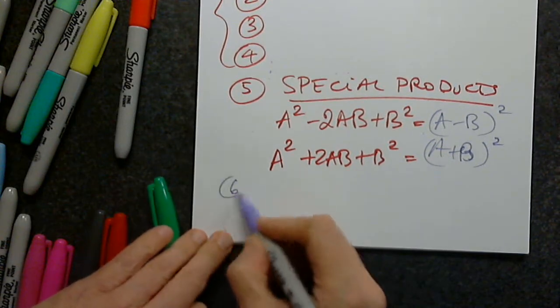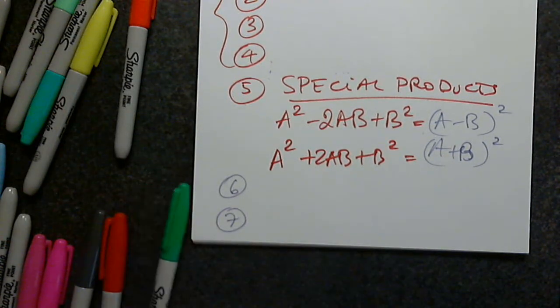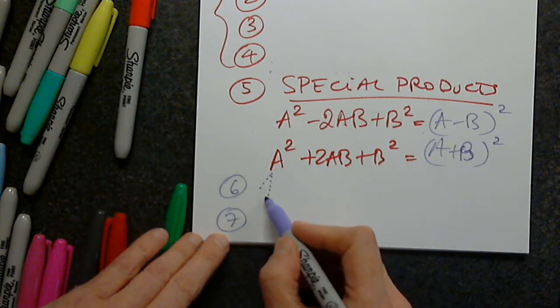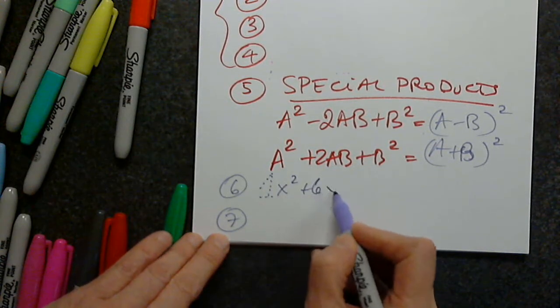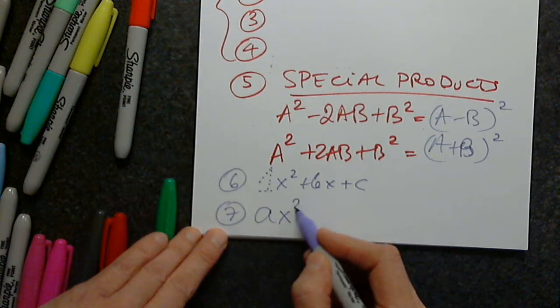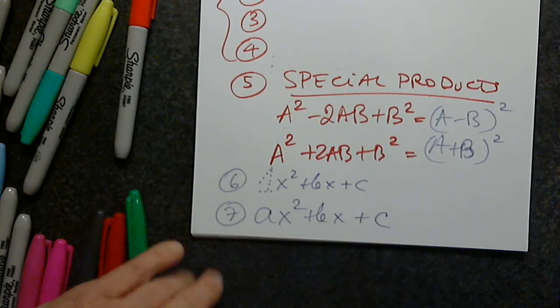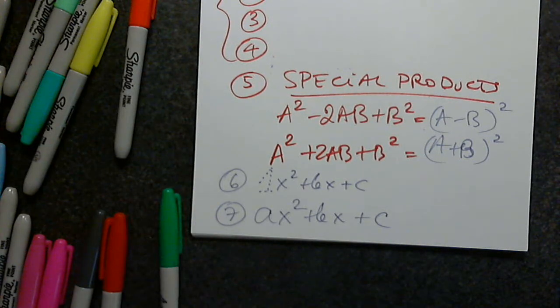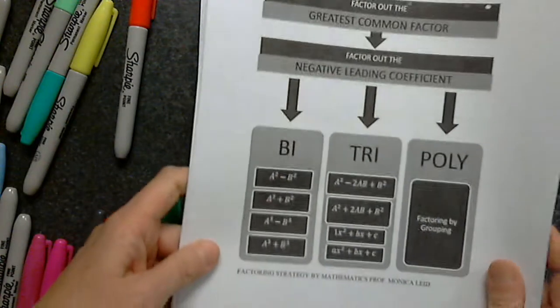Now, there is also 6 and 7 here, which are more difficult. 1 x squared plus bx plus c, and the other option is this. So back for a moment to that summary of factoring. Here's where we are.